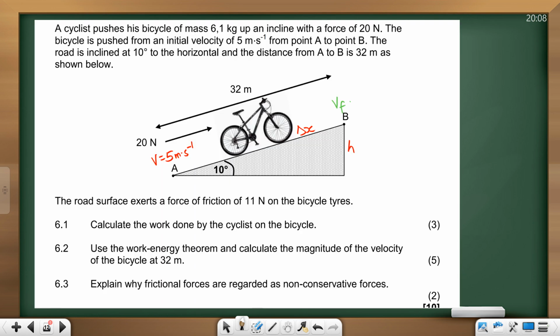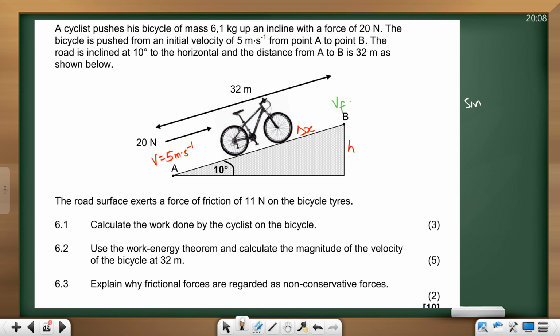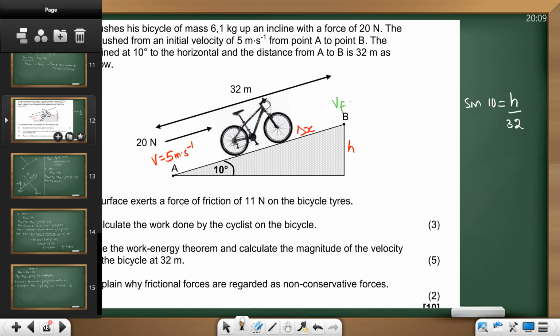That is where my sine disappeared to. Because what is sine 10? That is that sine that is now disappearing. Trig ratio. So what is H? 32 sine 10.